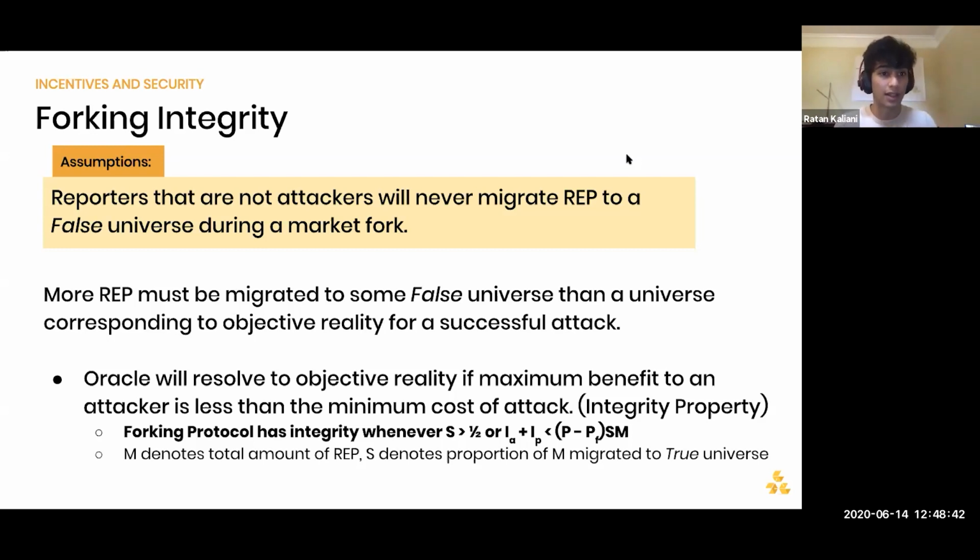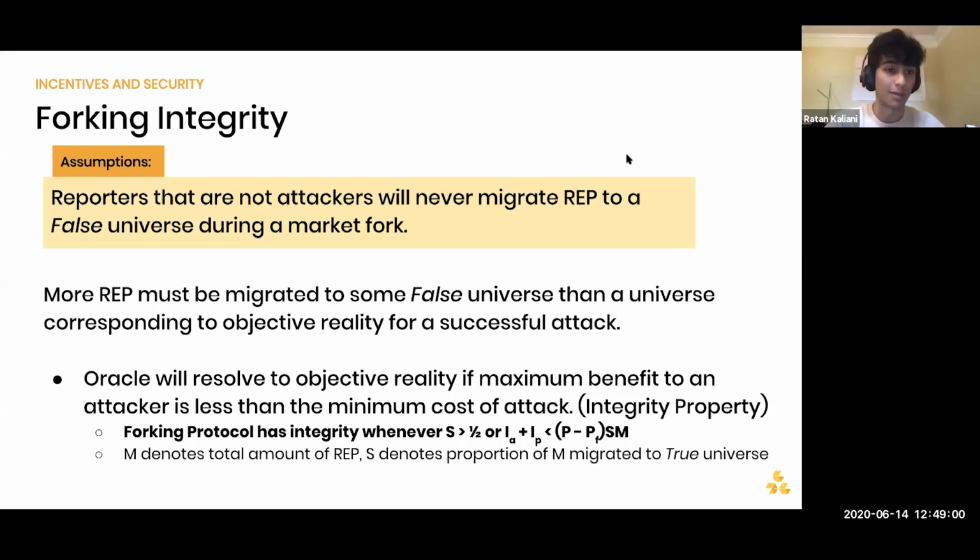Essentially, what needs to happen, and this is fairly simple, is that more reputation needs to be migrated to a false universe than the true universe for a successful attack to occur. So the oracle will resolve to the objective reality if the maximum benefit to the attacker is less than the minimum cost of the attack.